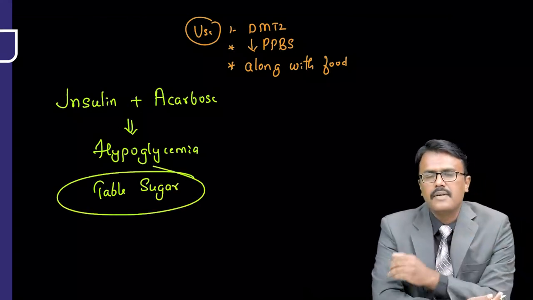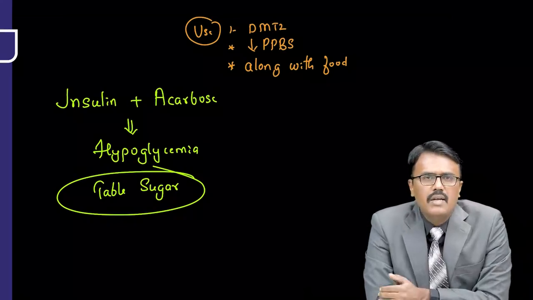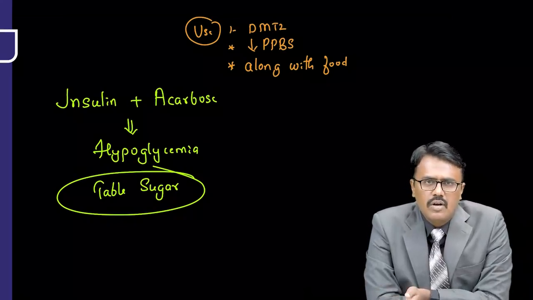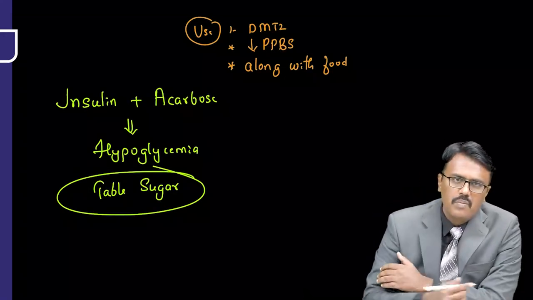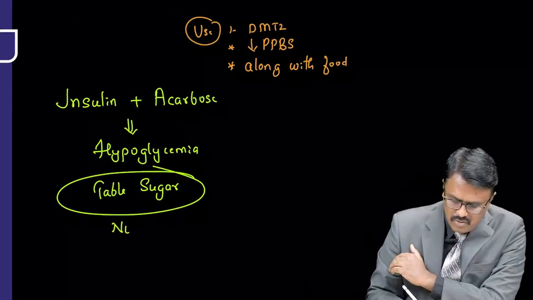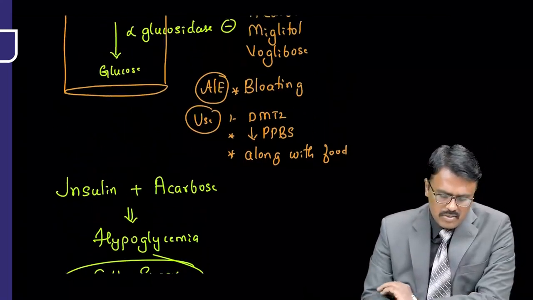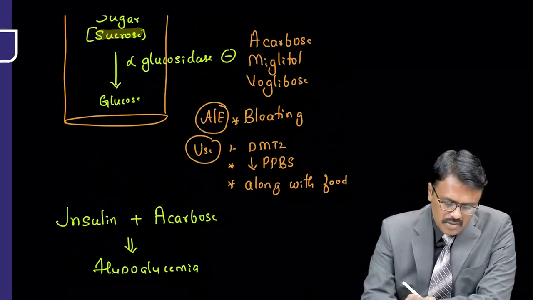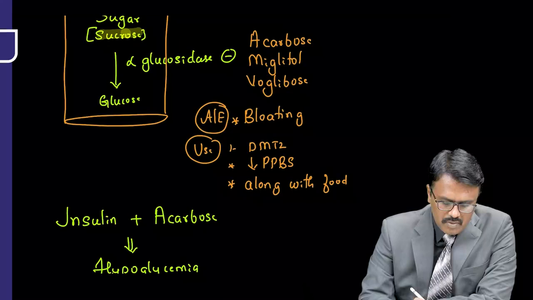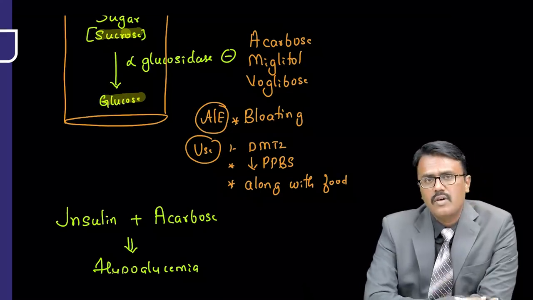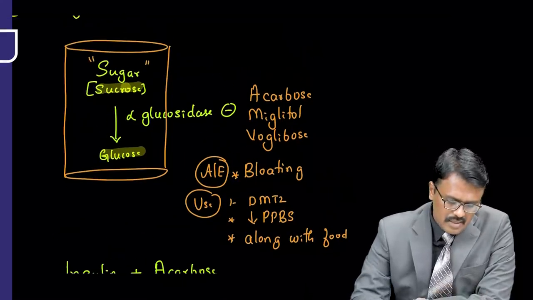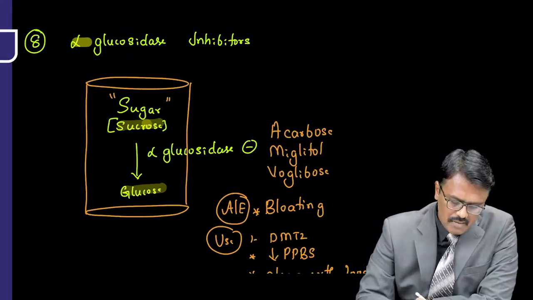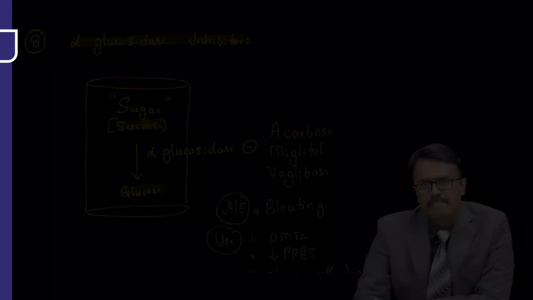I told you in insulin, whenever there is hypoglycemia, you can give sugar or you can give chocolate, candy, honey like that. Can we give table sugar? No. Why? Table sugar is sucrose. If the patient is already on this drug, sucrose will not become glucose and hypoglycemia is not corrected. That is the clinical application of this point. So guys, the eighth target is alpha glucosidase inhibitors.